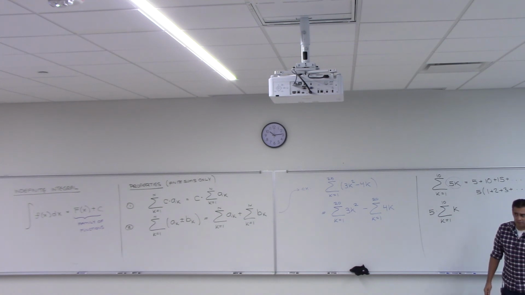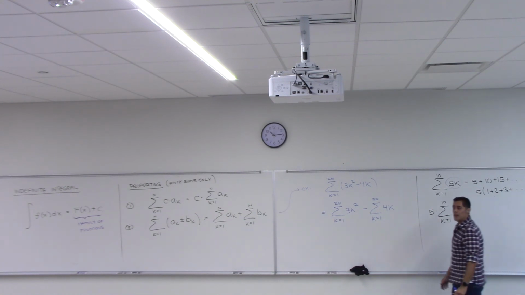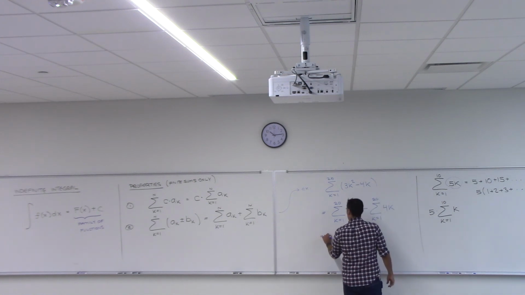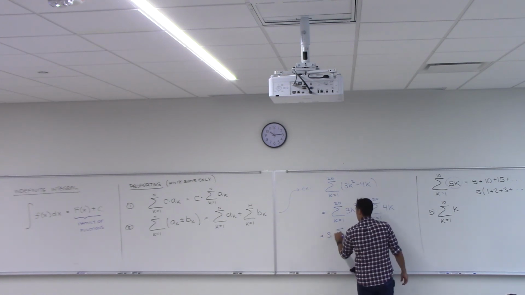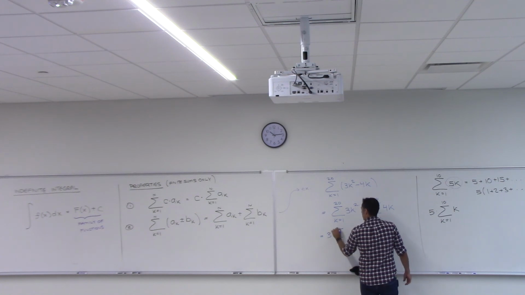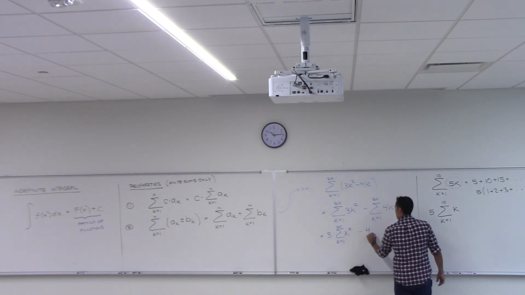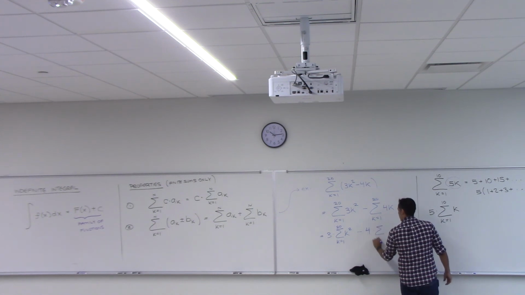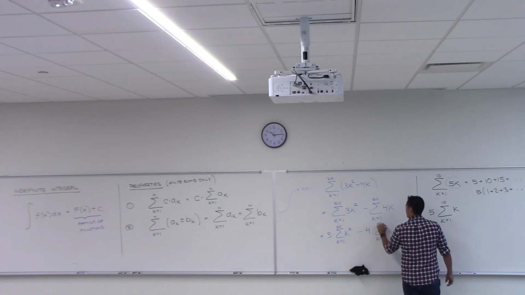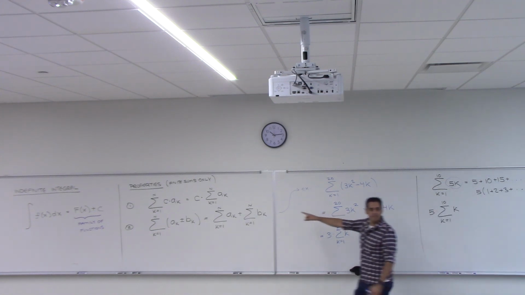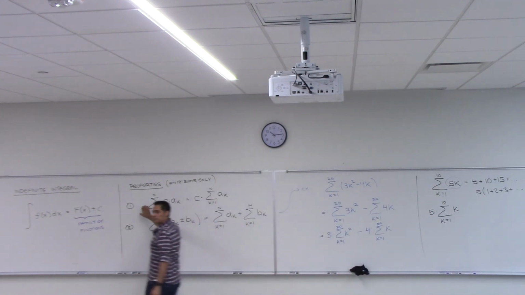What else could I do? I could pull the constants out, couldn't I? So I could pull this out: 3 times the sum k equals 1 to 20 of k squared, minus the 4 could come out, the sum k equals 1 to 20 of k. That's the first property. With me?